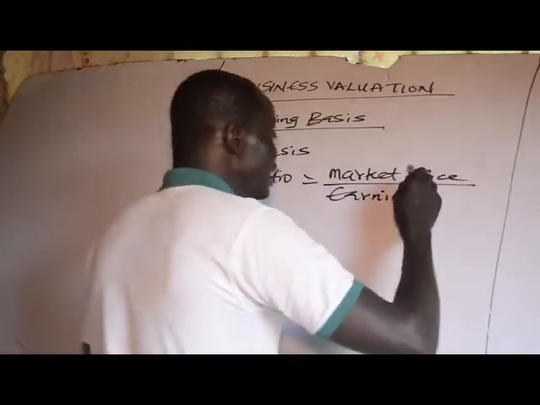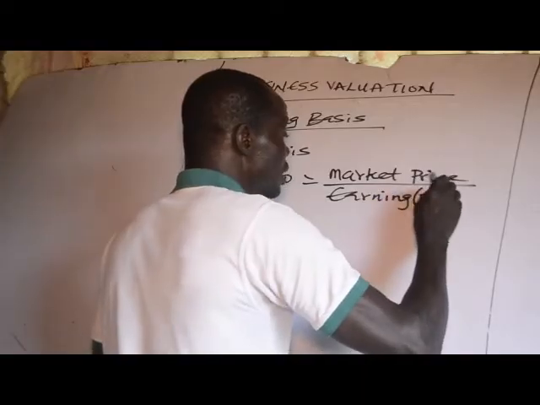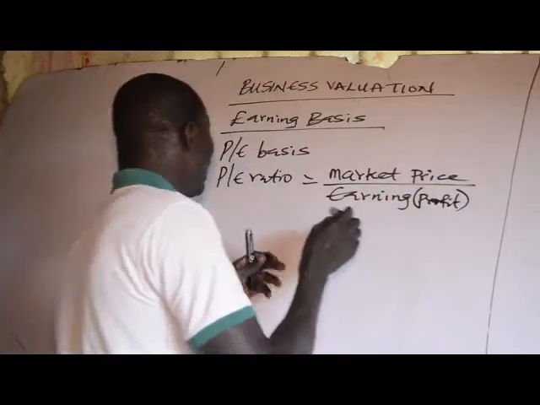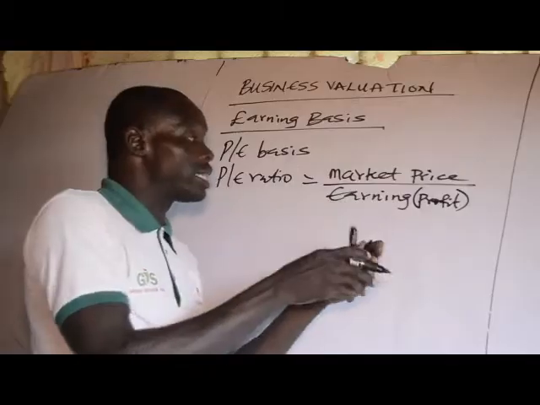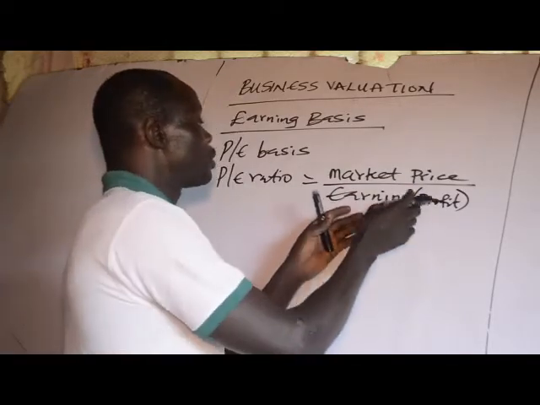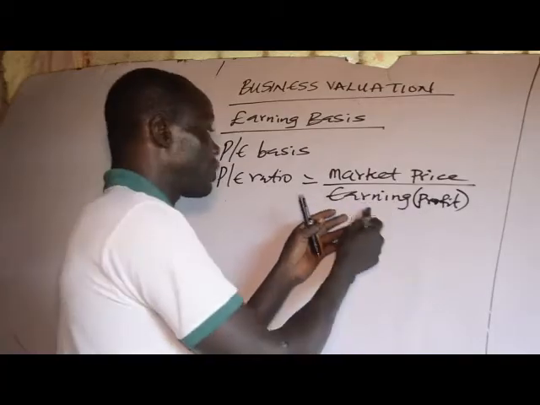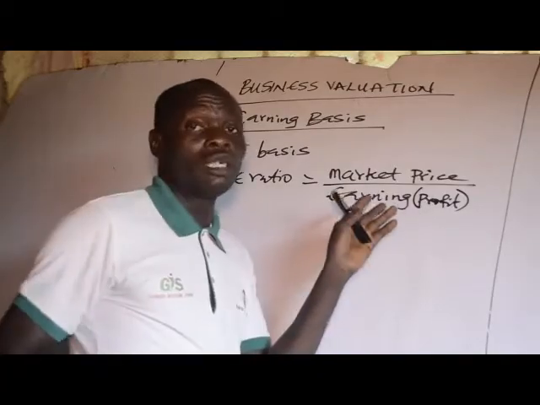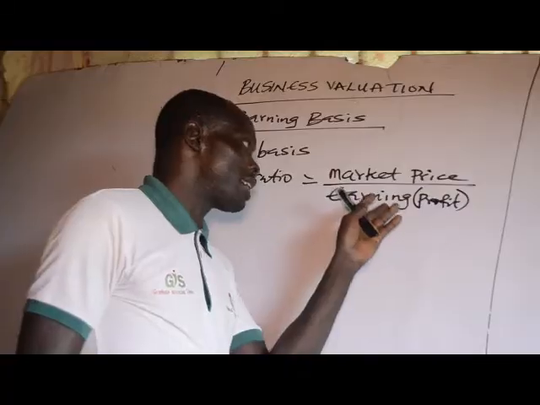If I say earnings, I'm referring to profit. The profit that is attributable to shareholders is the profit after tax. So the one that belongs to ordinary shareholders is the profit after tax. That means the earnings here should be profit after tax.